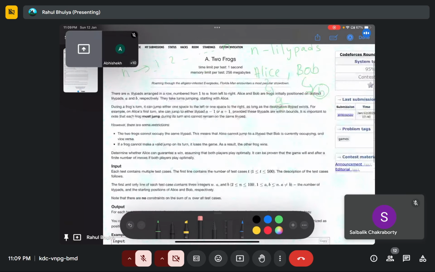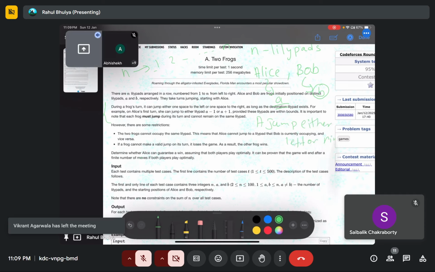If it is clear up to here, then we can jump to this part, where it is saying that a jump can be either left or right by one block. Here is the important statement: you have to jump.